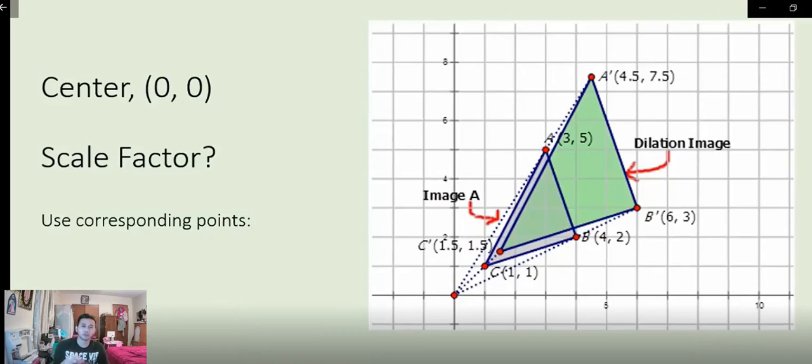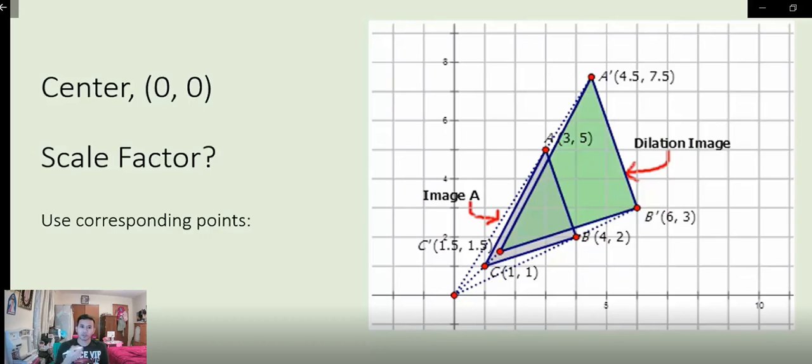And then in this example also, because of this image, you can use the distance formula. The center of dilation is at 0, 0, and what will be the scale factor? We have to use corresponding points.